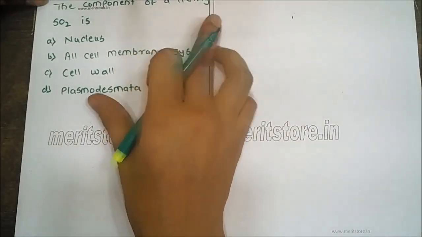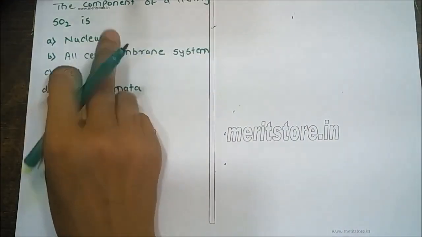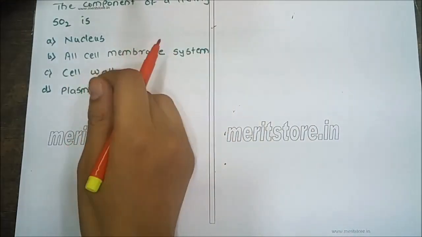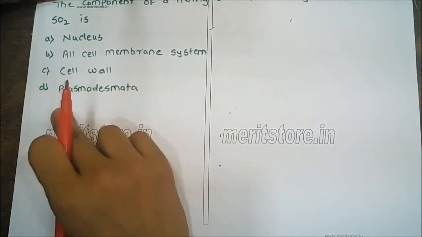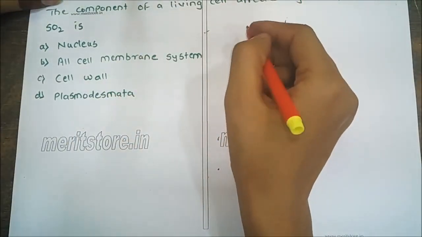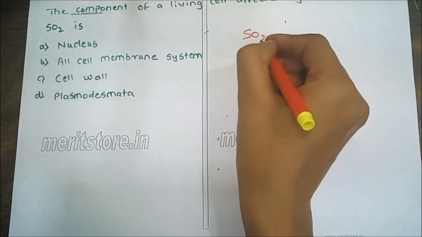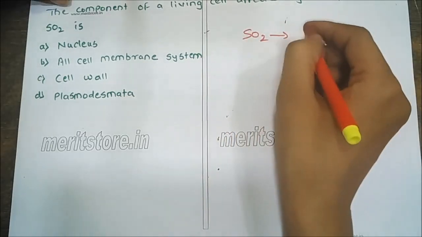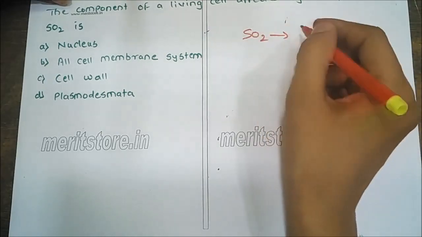The component of a living cell affected by the pollutant sulfur dioxide is: A. Nucleus, B. All cell membrane system, C. Cell wall, and D. Plasmodesmata. The sulfur dioxide gas affects the cell membrane.